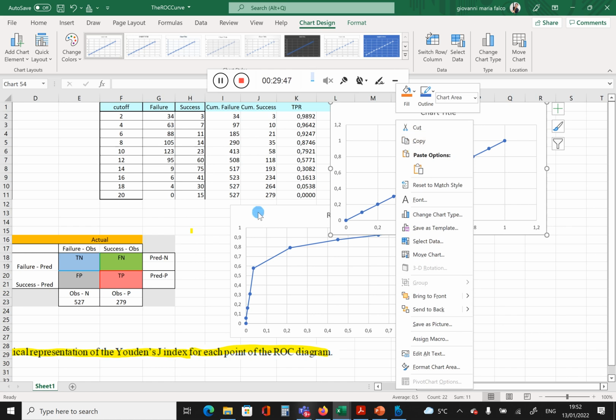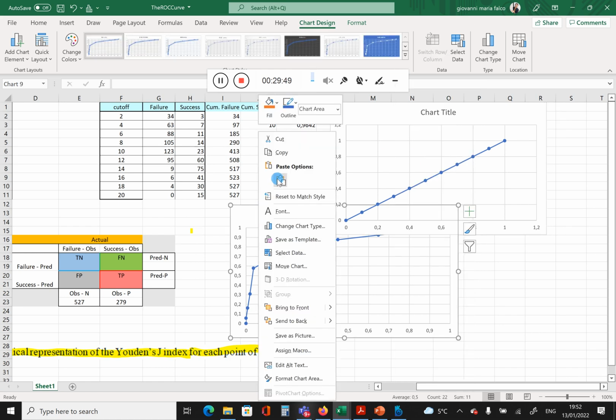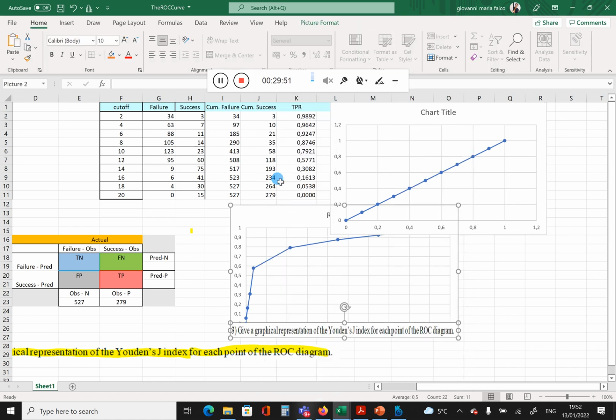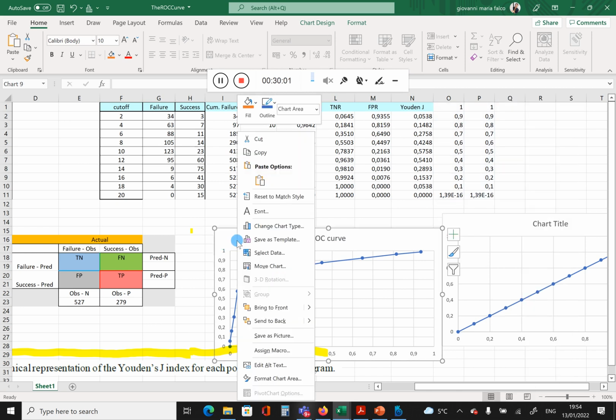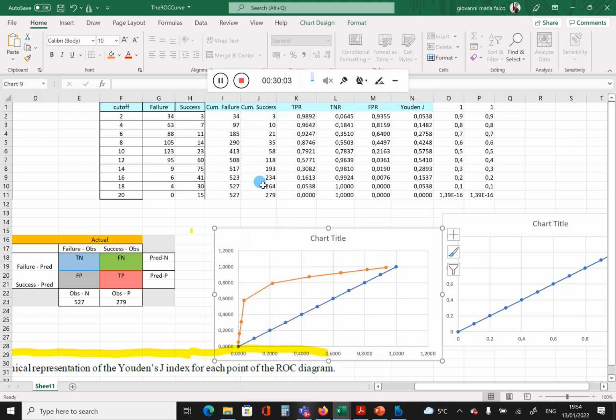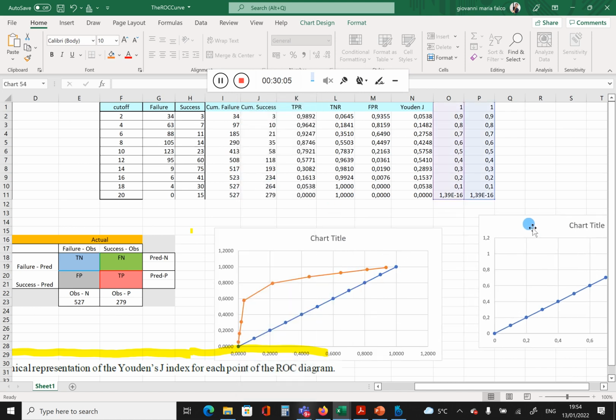Copy, paste, oh sorry, wait a second, so just try again. Here, copy and paste. You see, okay, then I have merged the two diagrams. This I can also remove.